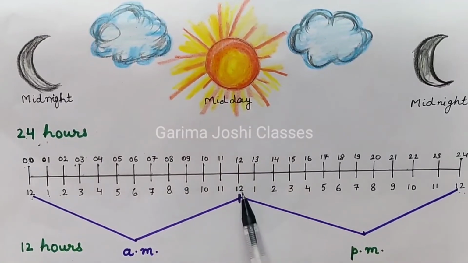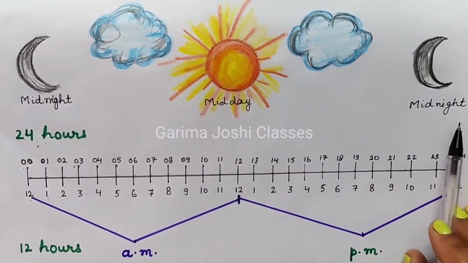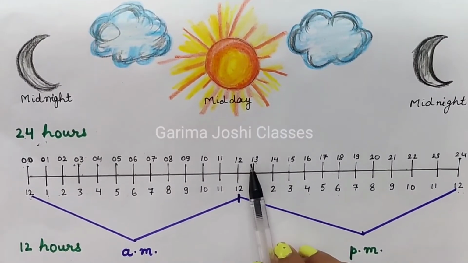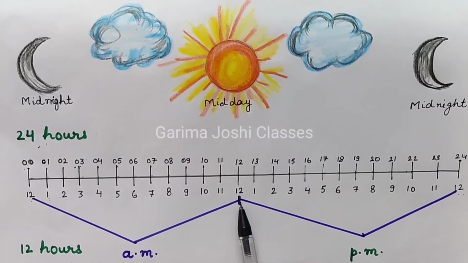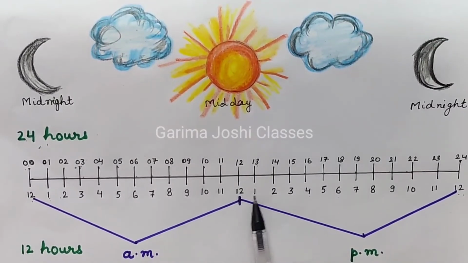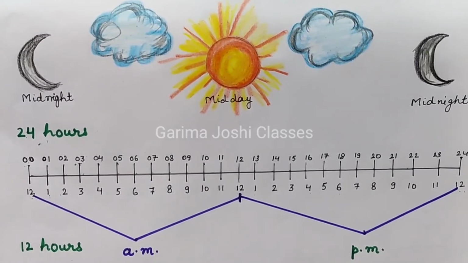From midnight till midday, both the timings are the same, and from midday till midnight, the 24-hour clock will continue the counting 13, 14, 15, 16, and so on. But the 12-hour clock will reset here and restart from 1, 2, 3, 4 and 5, 6, 7, 8, 9, 10, 11 and 12 midnight. Now we will learn about conversion.